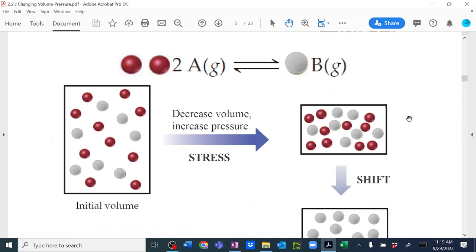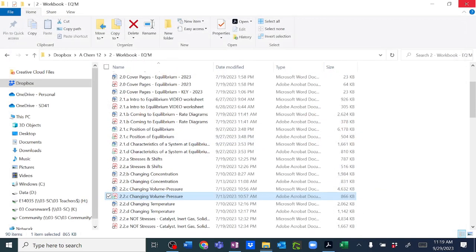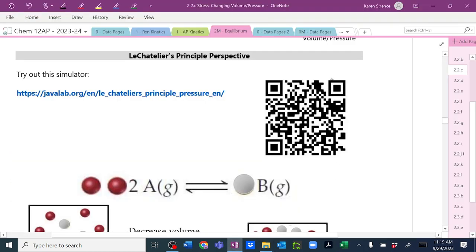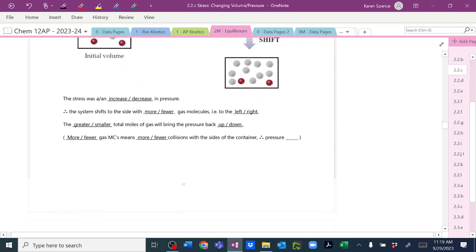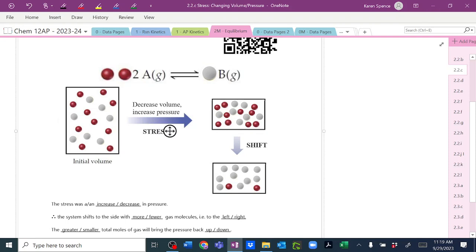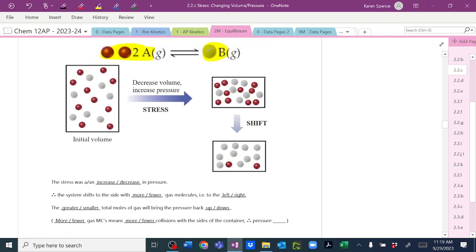All right, so here is a static picture of what's happening. We decrease the pressure, we increase the volume. That is our stress, but I don't want it on this page. I want it on that page. There we go. Okay, so here we have 2A going to B. What was the stress?